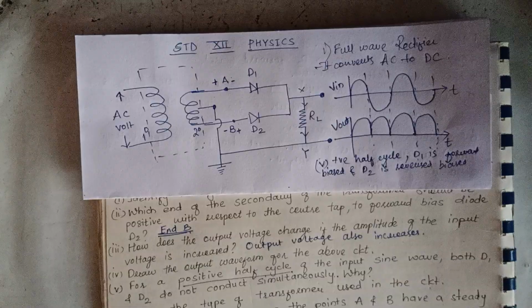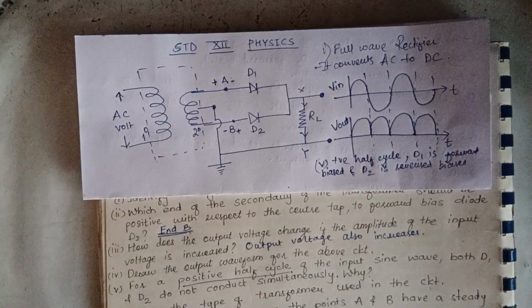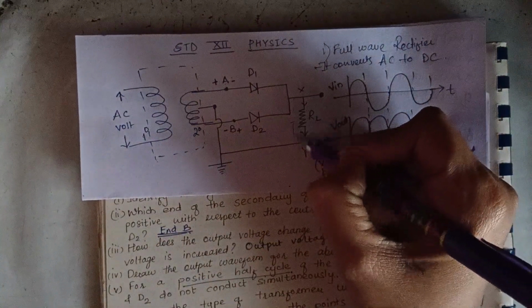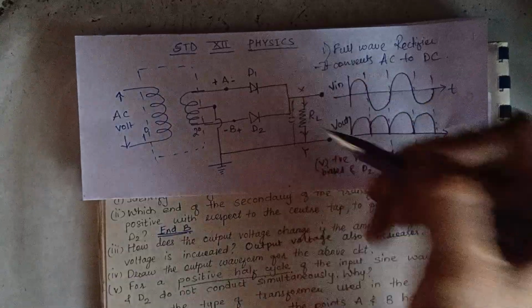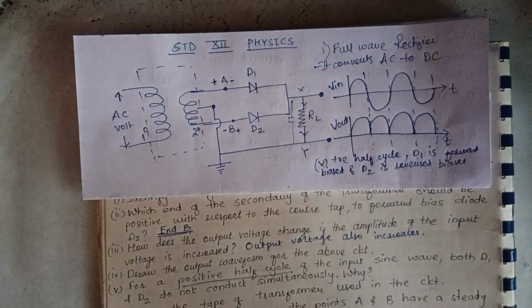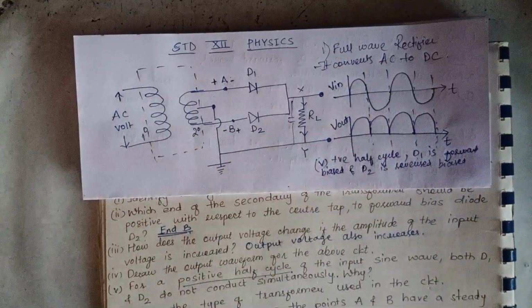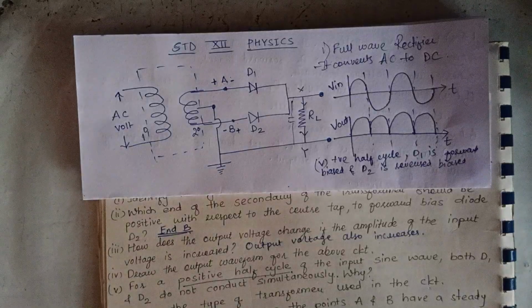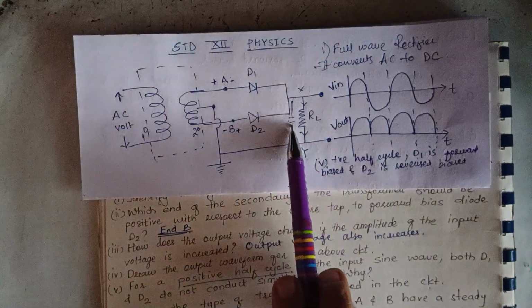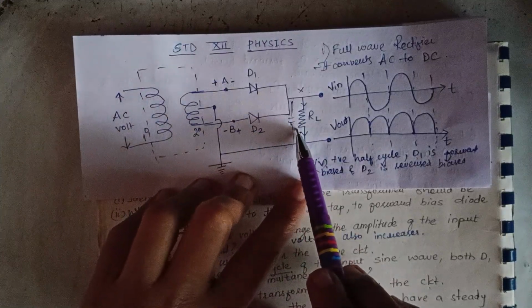Then sometimes a capacitor is connected in parallel across the load resistance RL. So here the capacitor is connected. Why? Capacitor acts as a filter, because we are getting a pulsating DC voltage, that is, we are not getting a steady DC current. That's why we connect the capacitor.